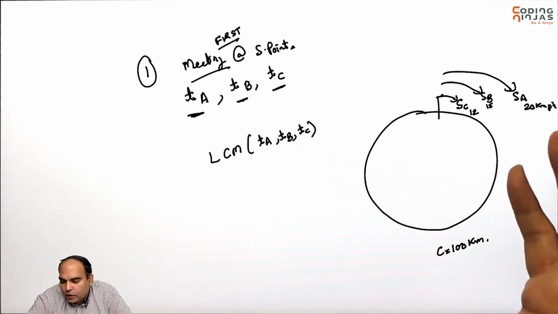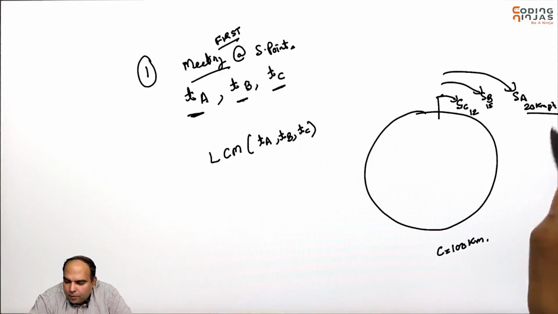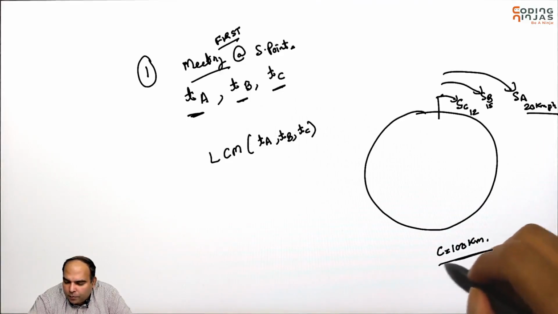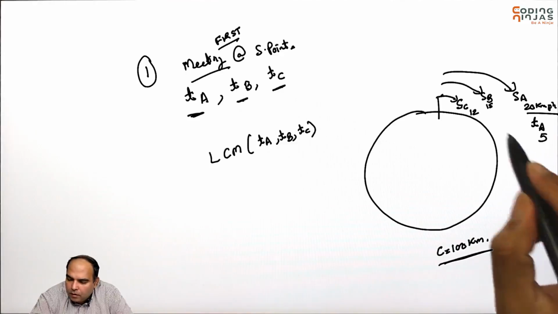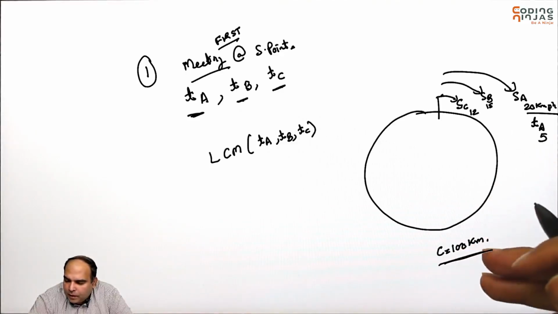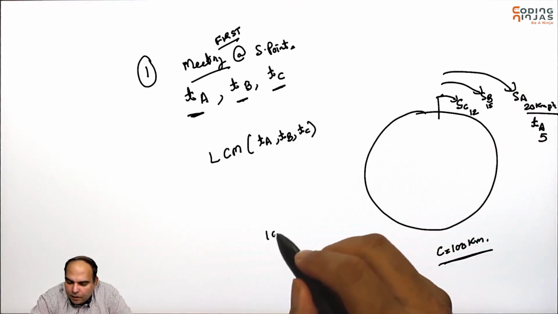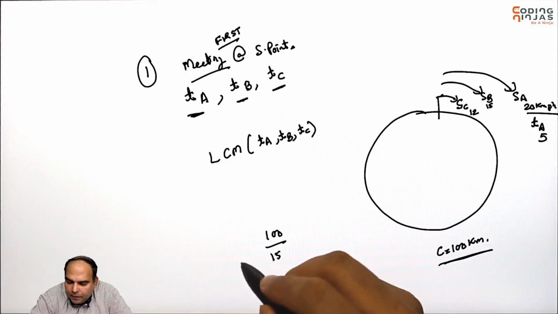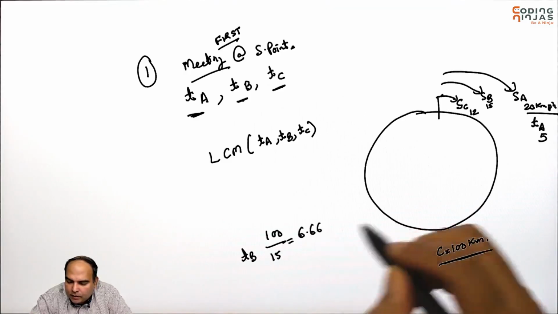Let's solve this question. SA being 20 kilometers per hour and the circumference being 100 kilometers, A takes 5 hours, so TA is 5. For B, the circumference is 100 kilometers and the speed is 15 kilometers per hour, so TB is 100 by 15, which is 6.66 hours.